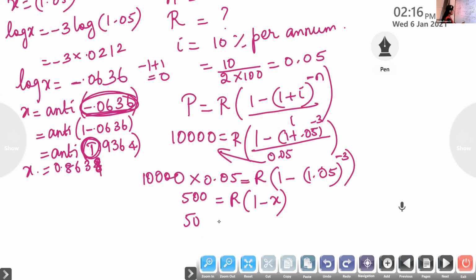500 is equal to R into 1 minus 0.8638. So what is 1 minus 0.8638?